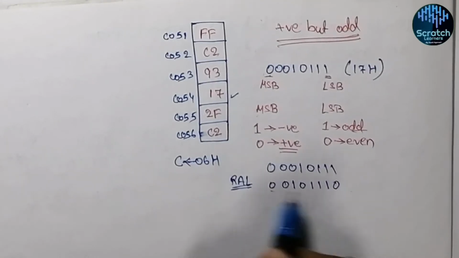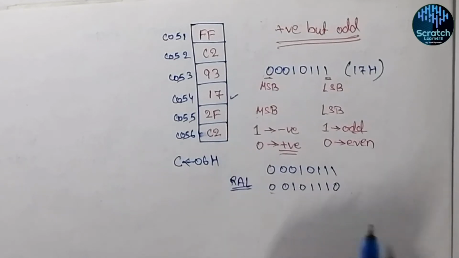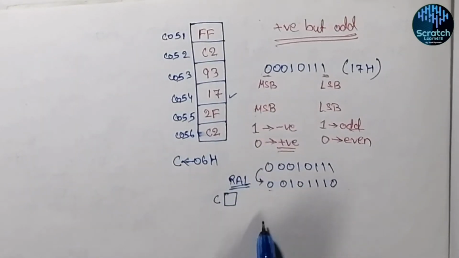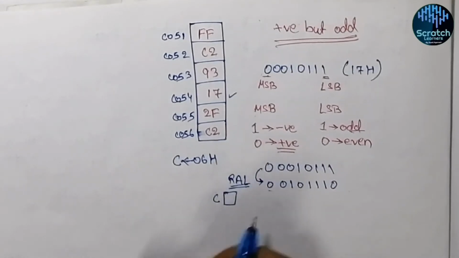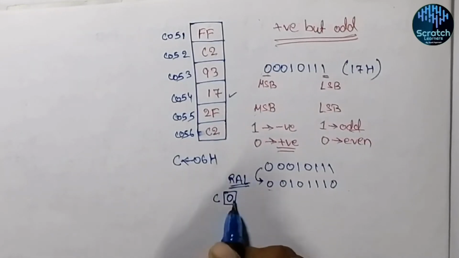So in this number, if we check the content of the carry flag, okay, when we rotated this number towards left by 1 bit, the most significant bit of this number came into the carry flag. So here the carry flag will be containing 0.